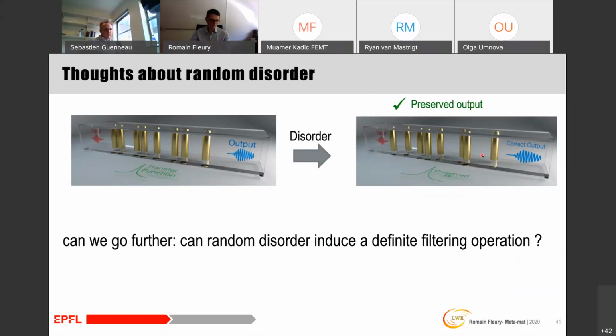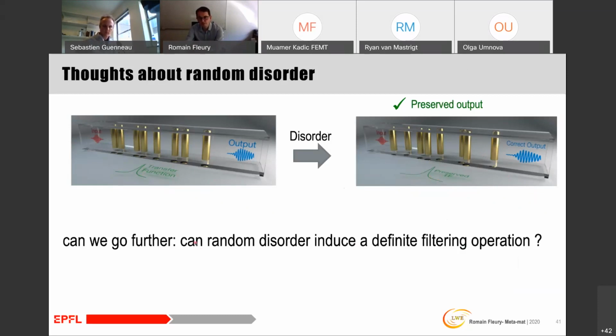You can have many randomly chosen geometries that give you the same transfer function. And that's interesting because you can say, oh, then I can have randomly picked geometries that perform a definite operation. So can I go even further than this and ask the following question?